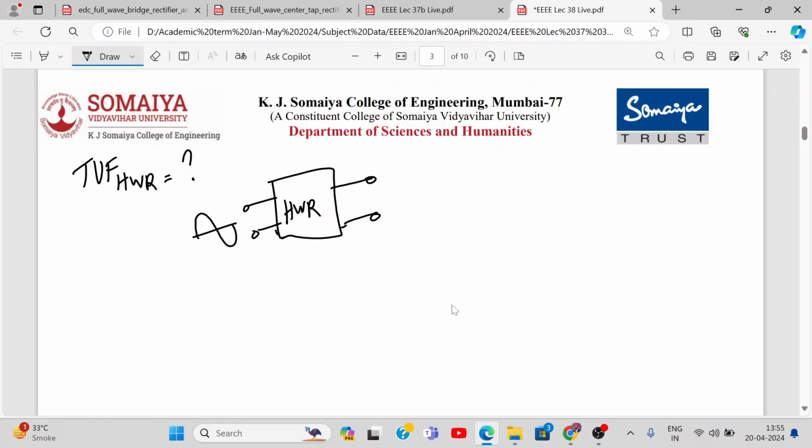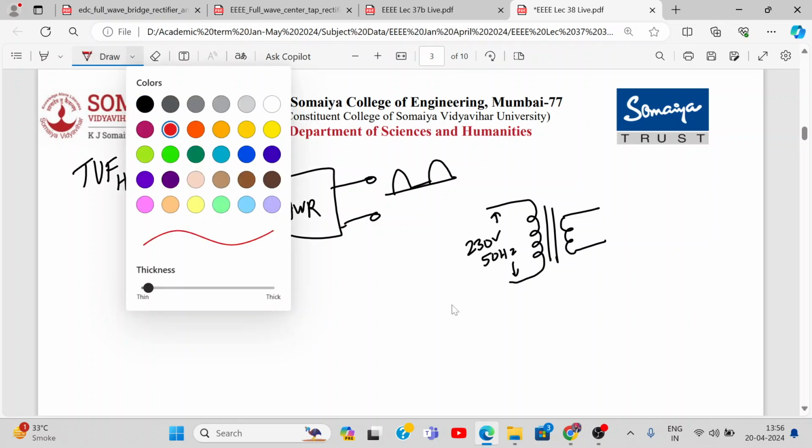And output will be like this, half wave rectified output. Here we have a step down transformer, with 230 volt 50 hertz.